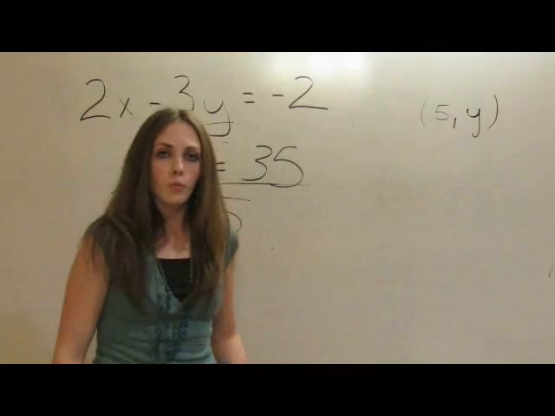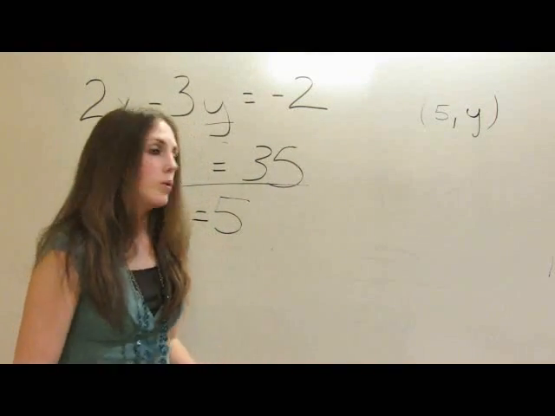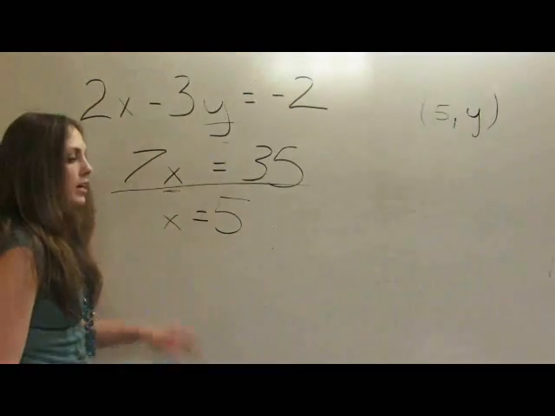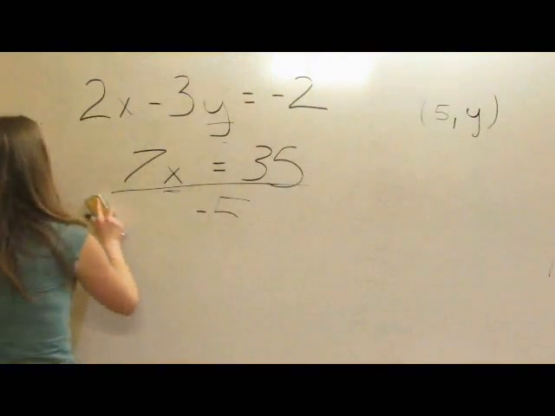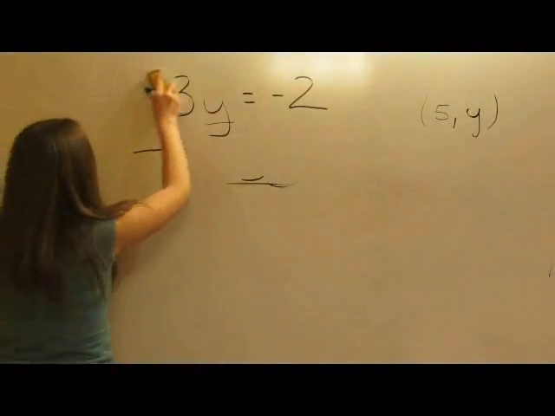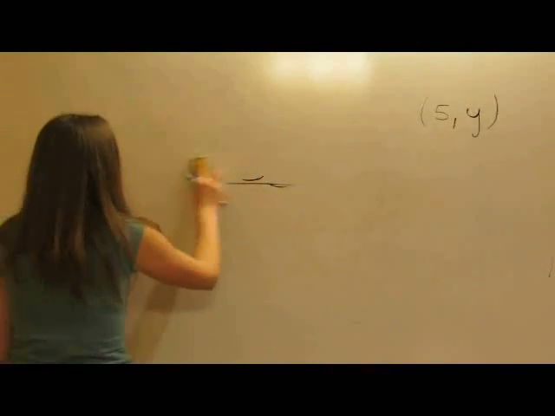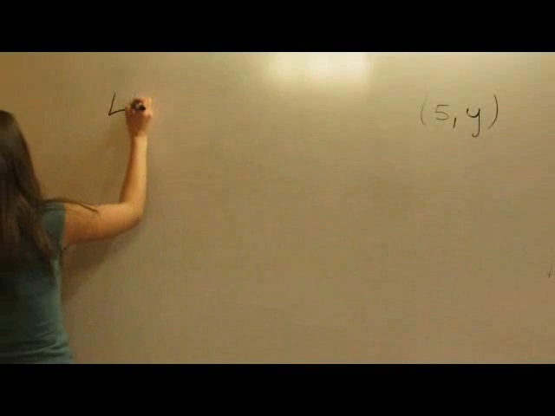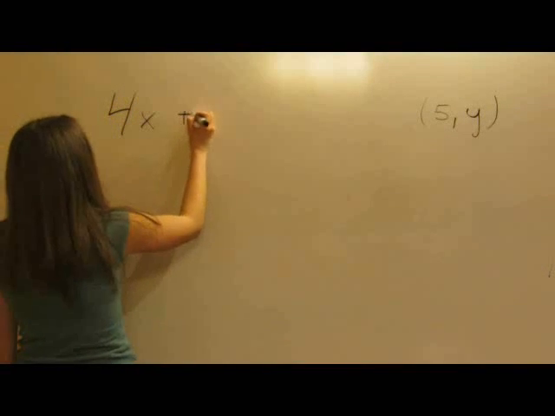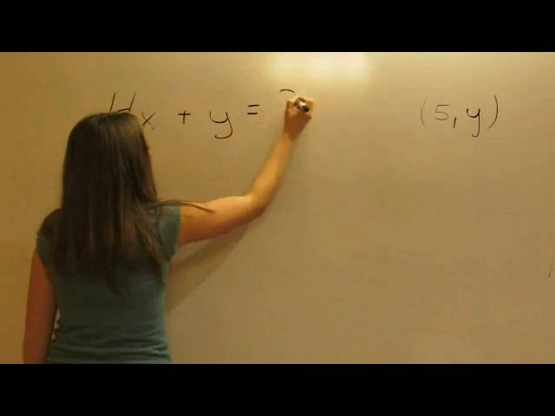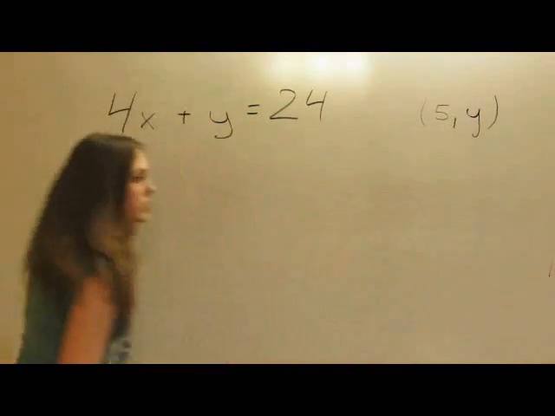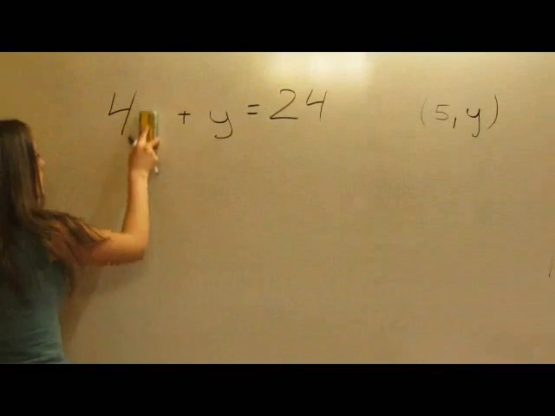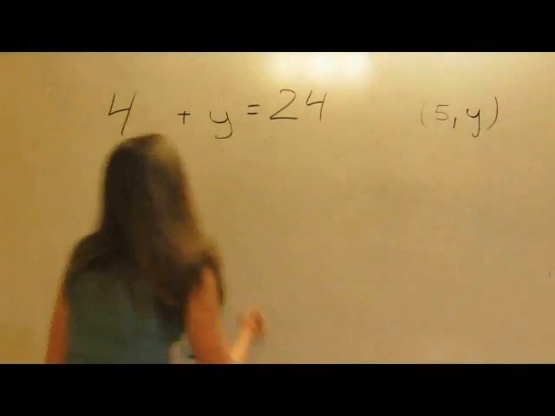However, we still don't know what y is. In order to find out what y is, let's take this x value and substitute it into our other original equation. So let's get rid of all this. Our first equation was 4x plus y equals 24. However, we know that our x value is 5, so we can substitute that in for x and solve for y.